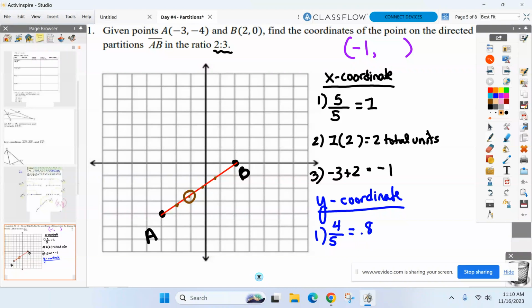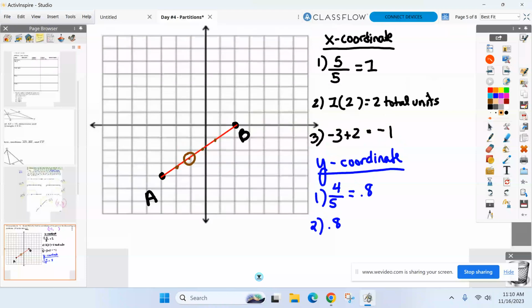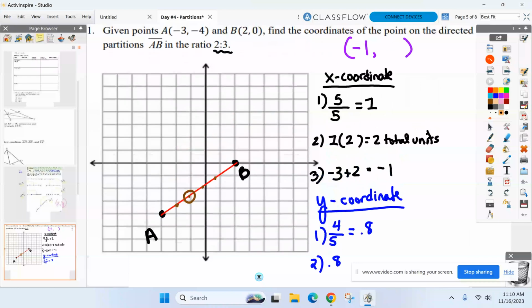But again, I can't just go 0.8 and I'm there. That would be a ratio of 1 to 4. How many times do I need to go 0.8? Be careful now. Here's where kids get confused. I still need to go 2.